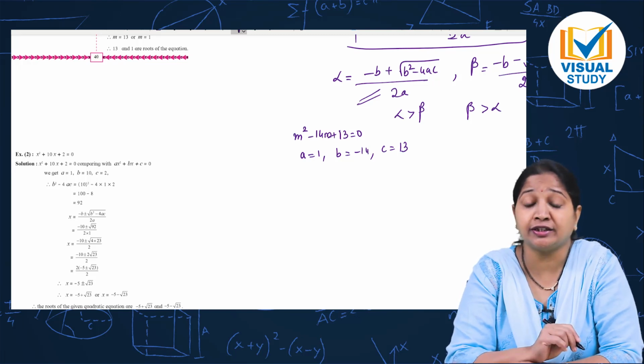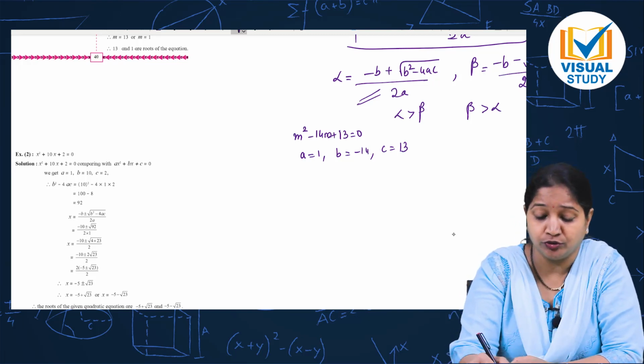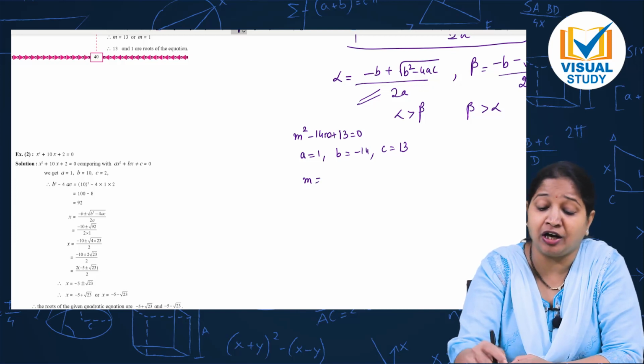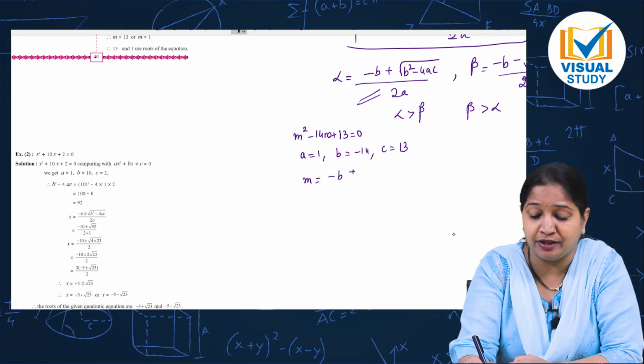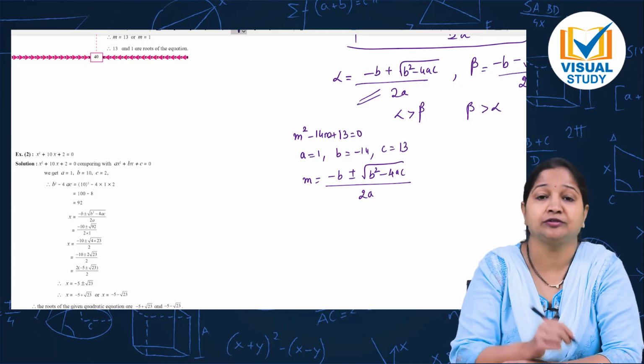You have to find the roots. So I have given you m, so put m. m equal to minus b plus or minus under root b square minus 4ac upon 2a.